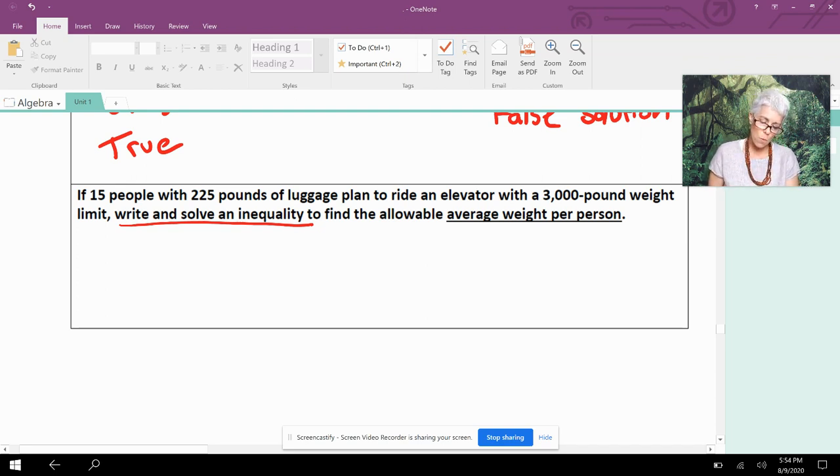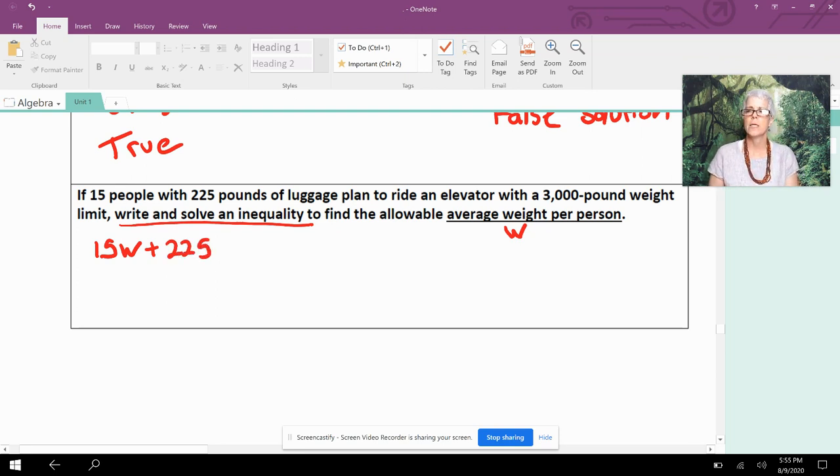The allowable weight per person. So we'll call this the weight, okay? So I'm going to say that we have 15 people, and we want to know their total amount of weight. So it's actually going to end up being kind of an average weight per person. And then I'm going to add 225 pounds one time.